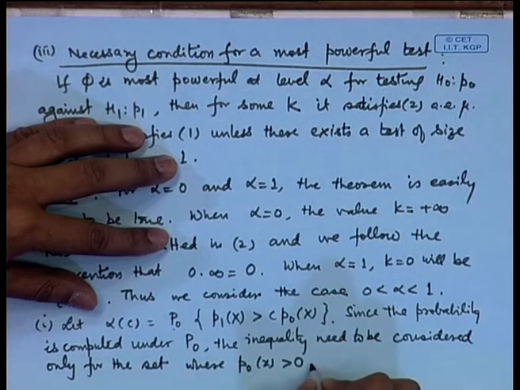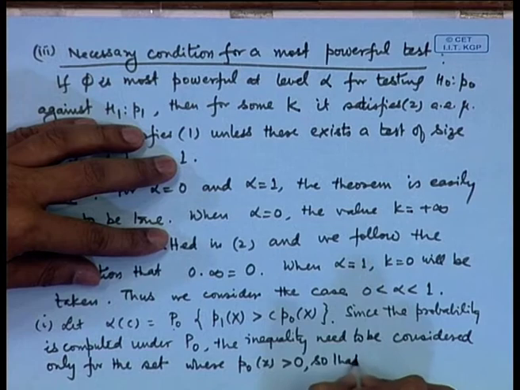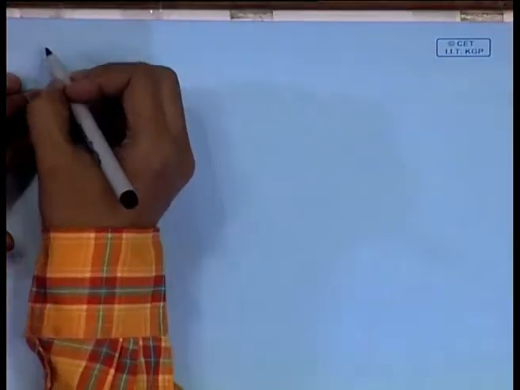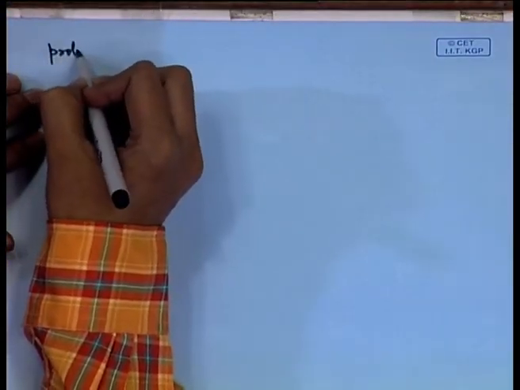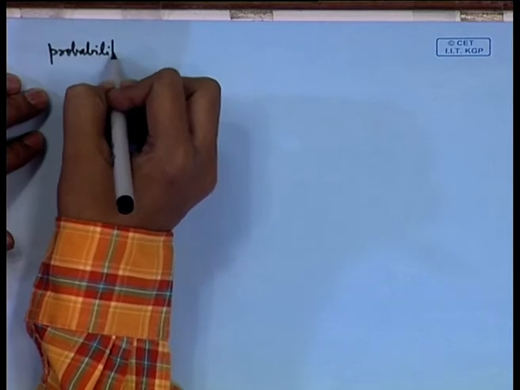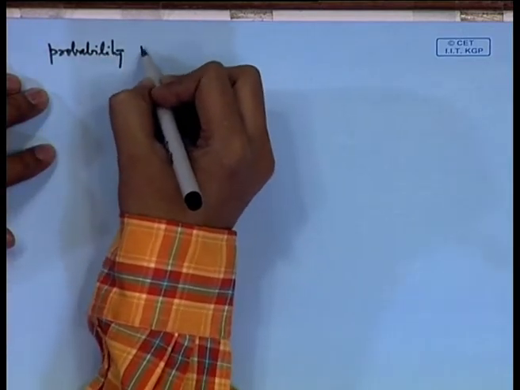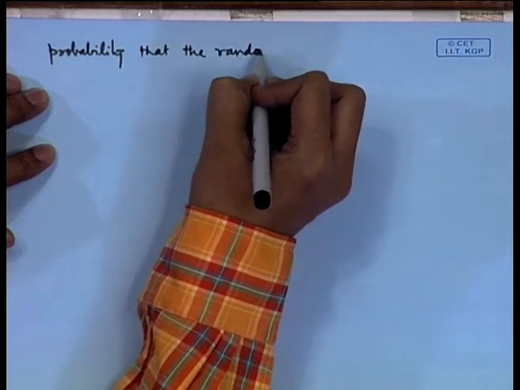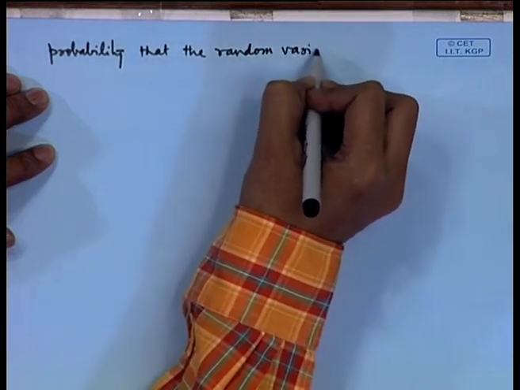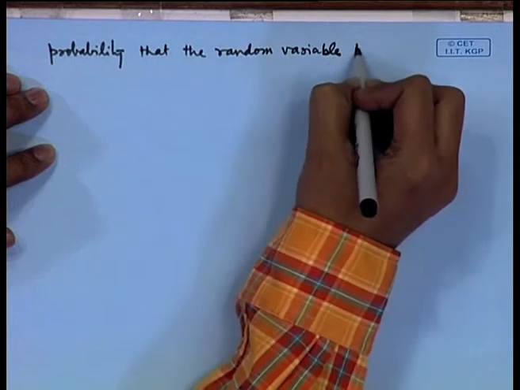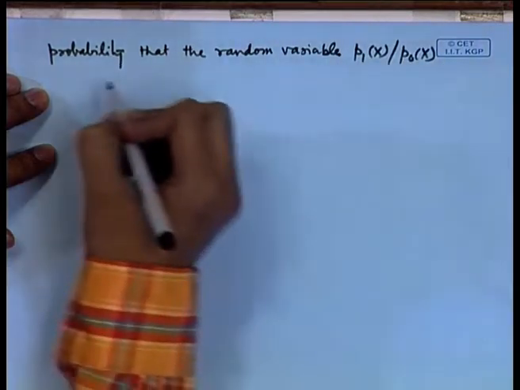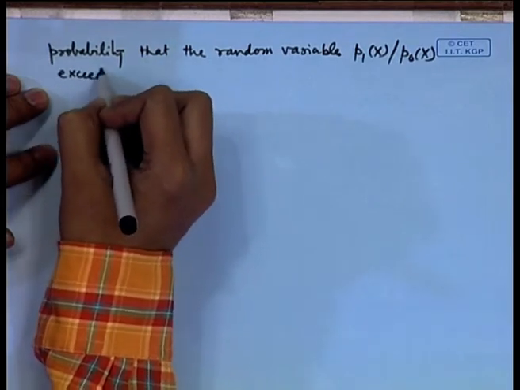So, alpha c is the probability that the random variable P 1 x by P naught x exceeds c.